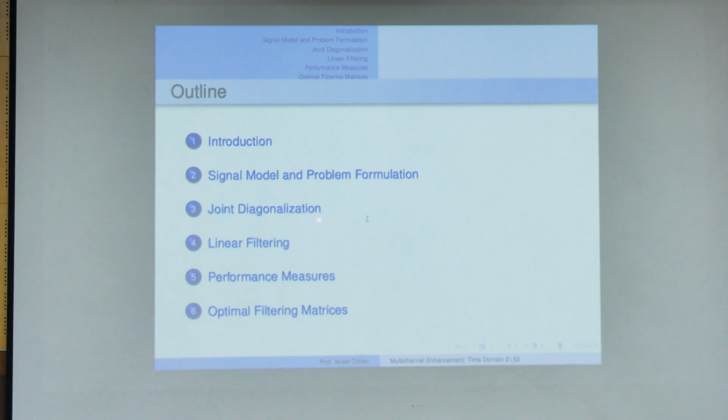Then we will talk about some mathematics, which is called joint diagonalization, sometimes generalized eigenvectors and generalized eigenvalues, so a generalized eigenvalue decomposition. You know about the eigenvalue decomposition we talked about before. So generalized or joint diagonalization is also very useful, and we will talk about it.